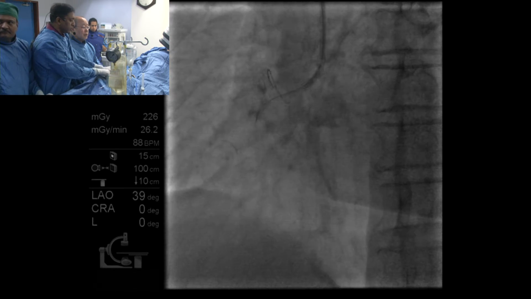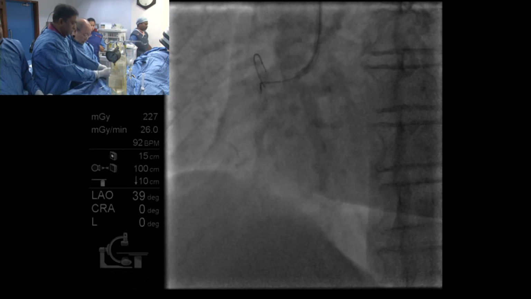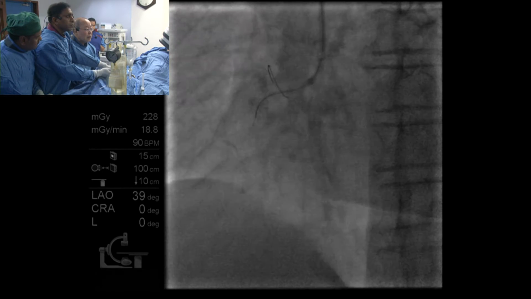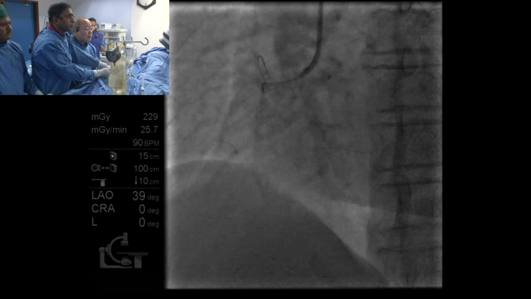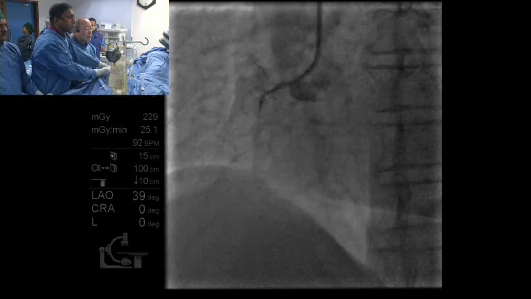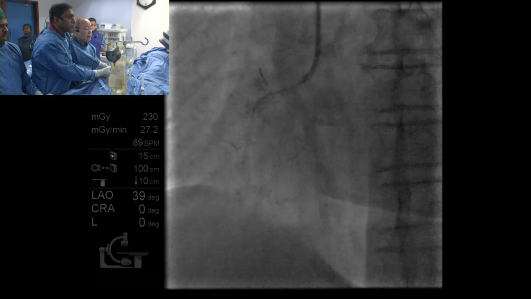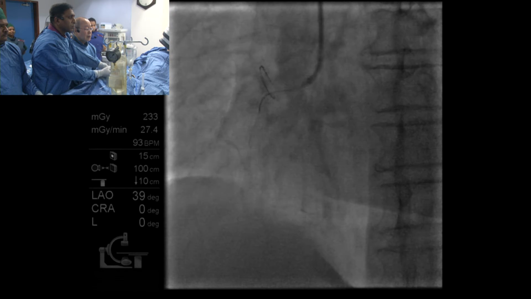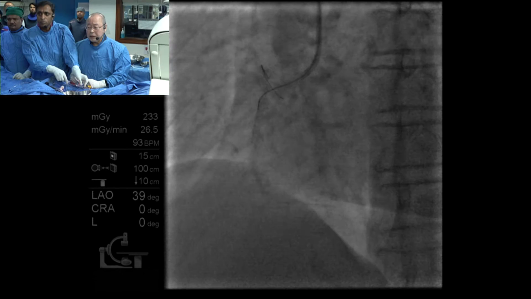Okay, could do it. Then try again. Here you go. Just crossing. Looks very promising, right? No, might be subintimal.